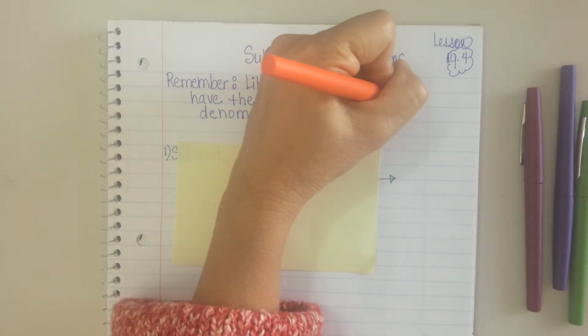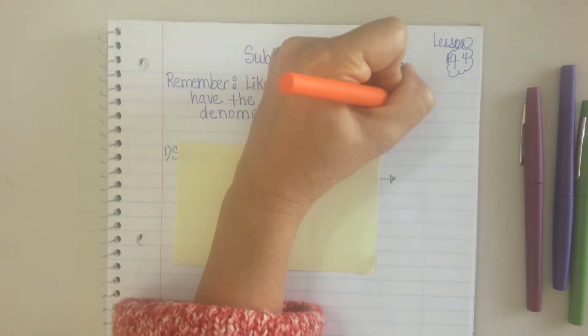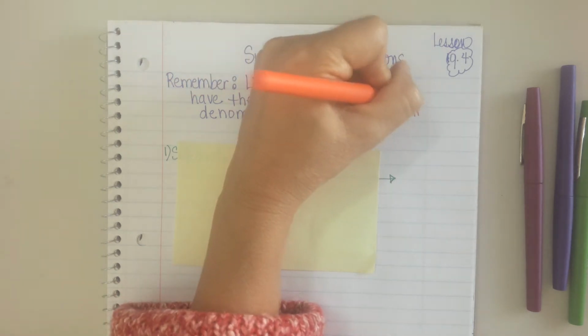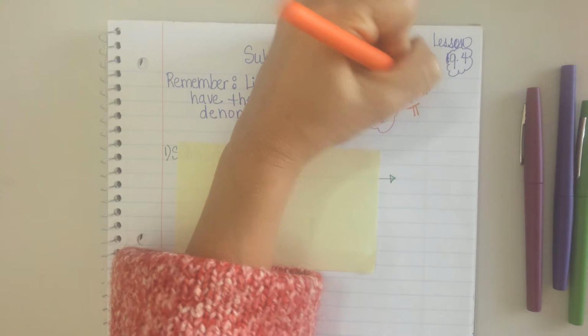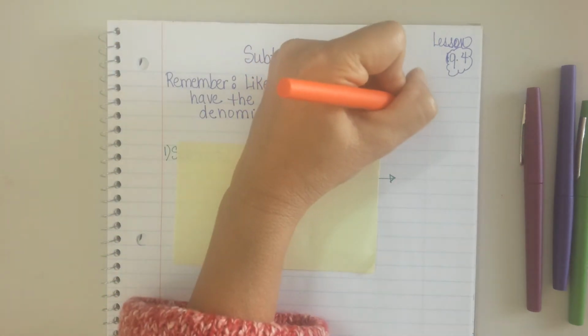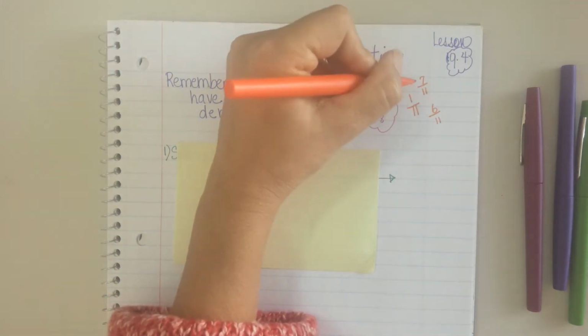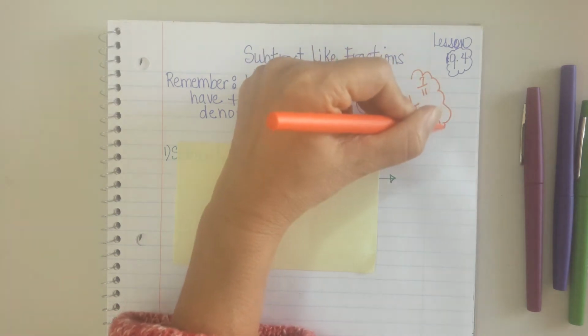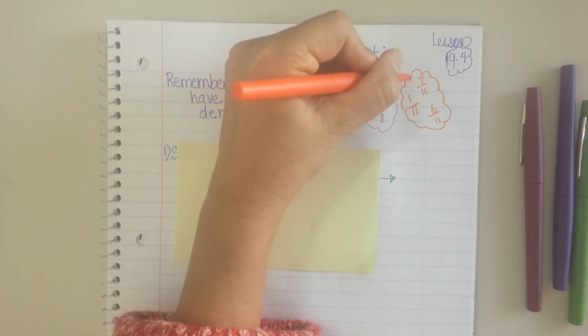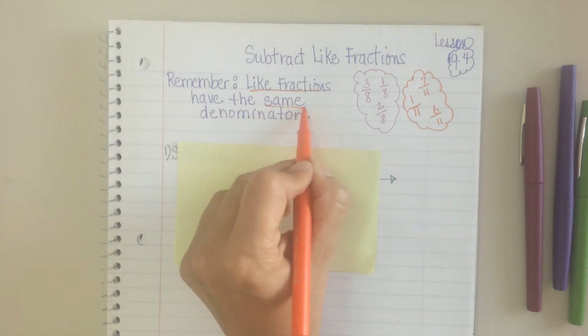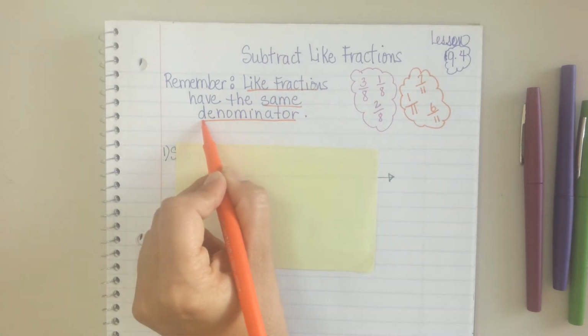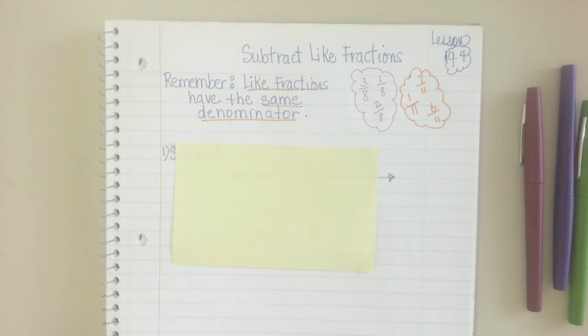We could say 1/11, 7/11, 6/11. You know what? At this point, you don't even need to write this down. This is a quick reminder that like fractions have the same denominator. Okay, let's memorize that definition.